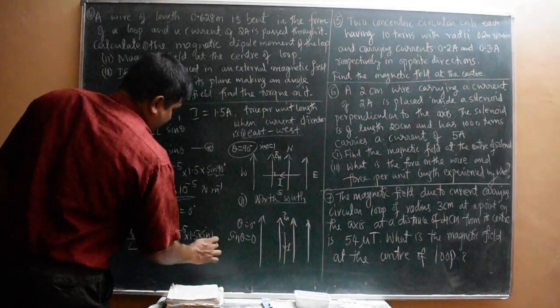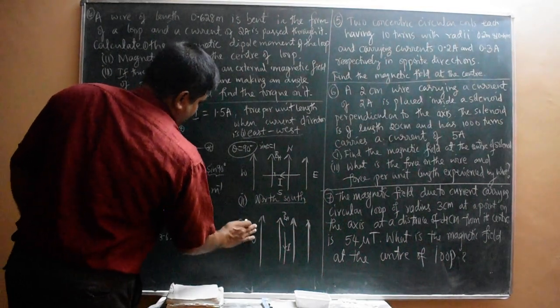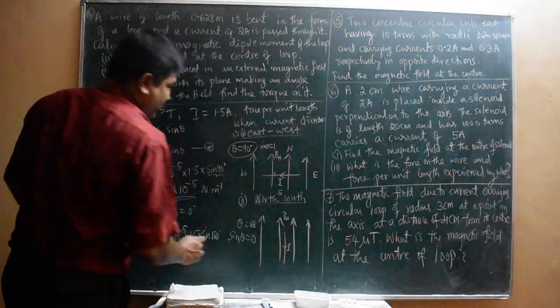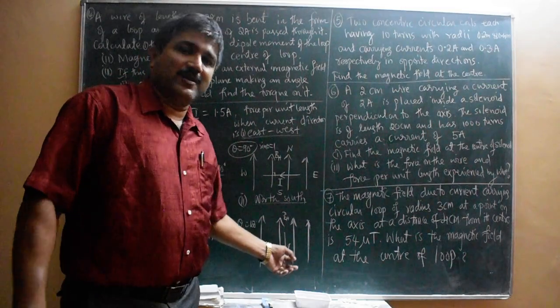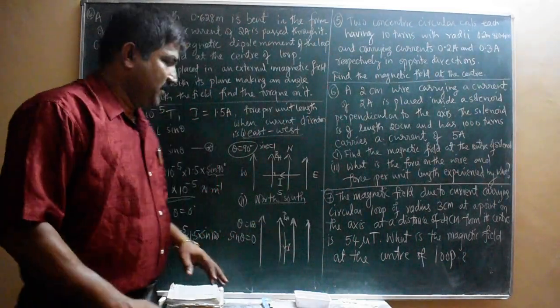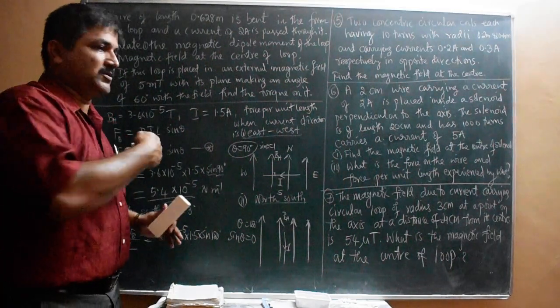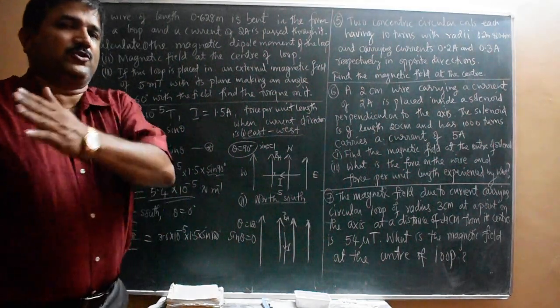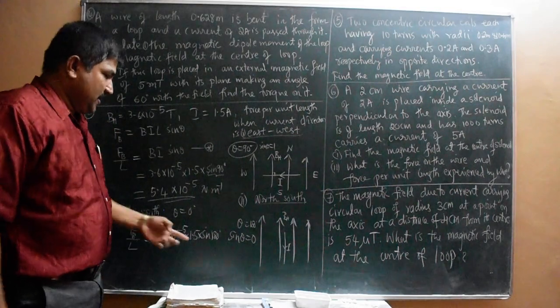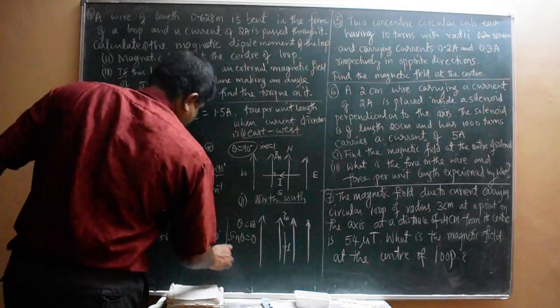Sin 0 also, sin 180 also is 0 only. Current is north to south, whereas the magnetic field is south to north, so theta 180 can be taken. So sin 180 is 0.